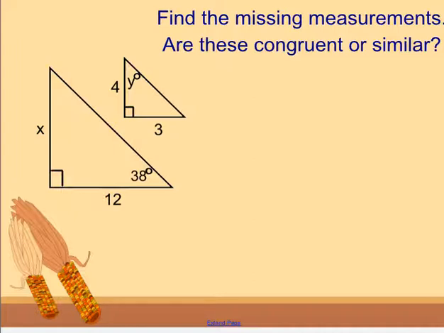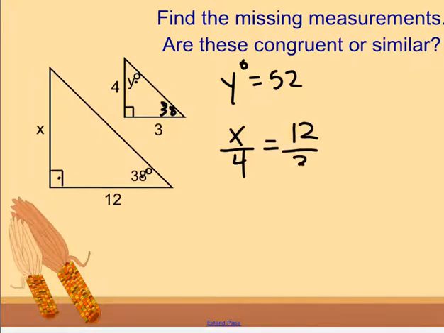If we have our right triangle right here, 38 degrees, so this is also 38, which means we need to add up to 90 degrees right here, so y is 52. To find our missing side length, we could set up a proportion: x compared to 4 is the same as 12 compared to 3.